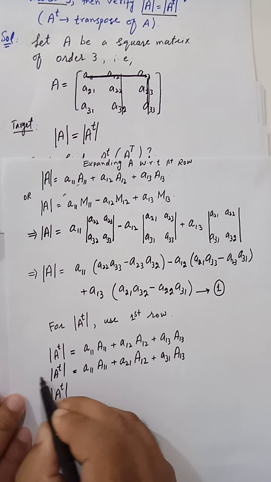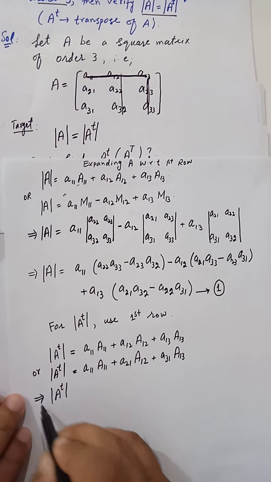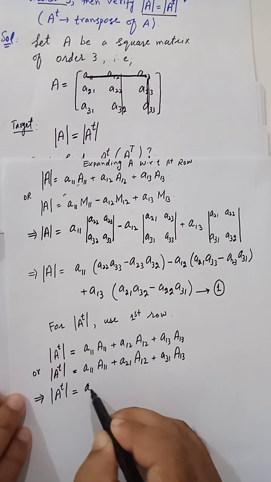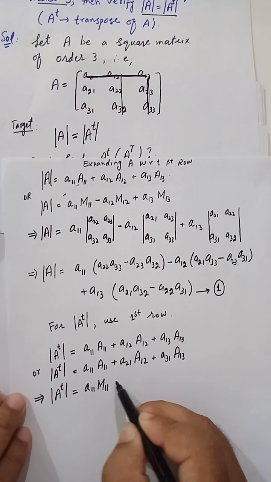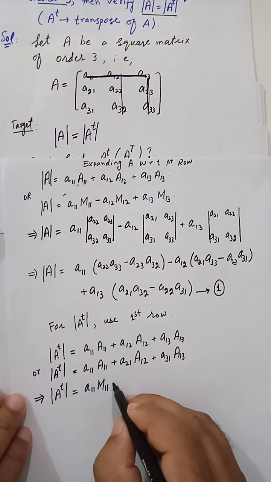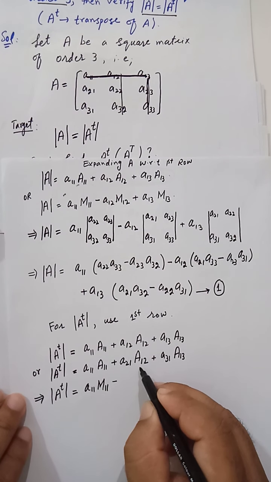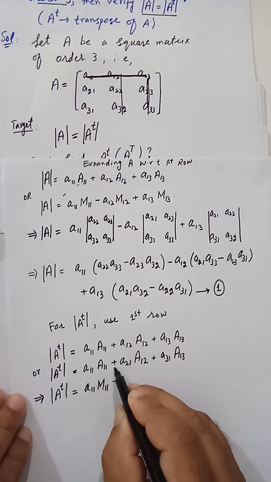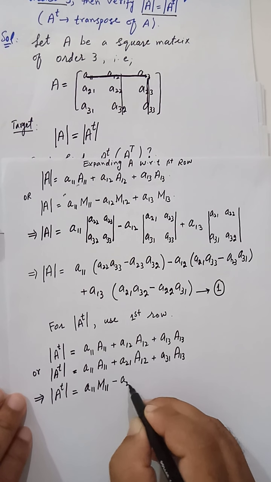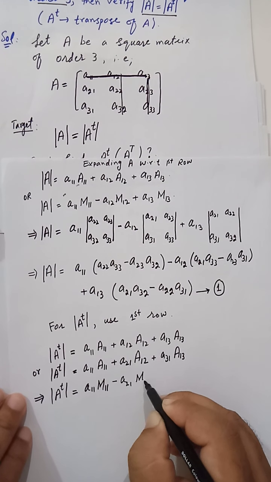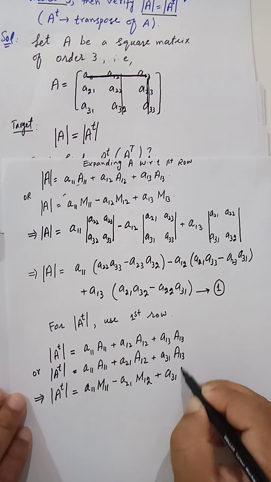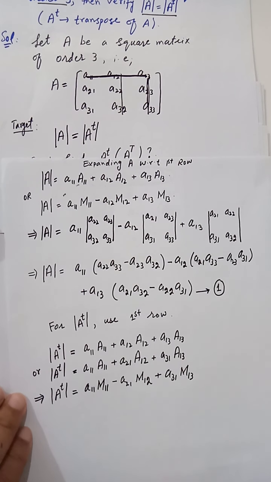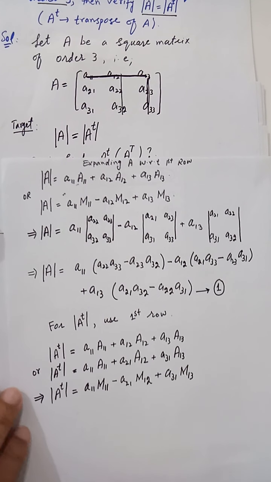Now this implies that capital A11 is equal to M11 because the addition of the subscript is even. This must be minus M12 because the addition of the subscript is odd, so that minus is multiplied with plus and becomes minus. So this is a21 times minus M12, then plus a31 capital A13, M13, sorry.